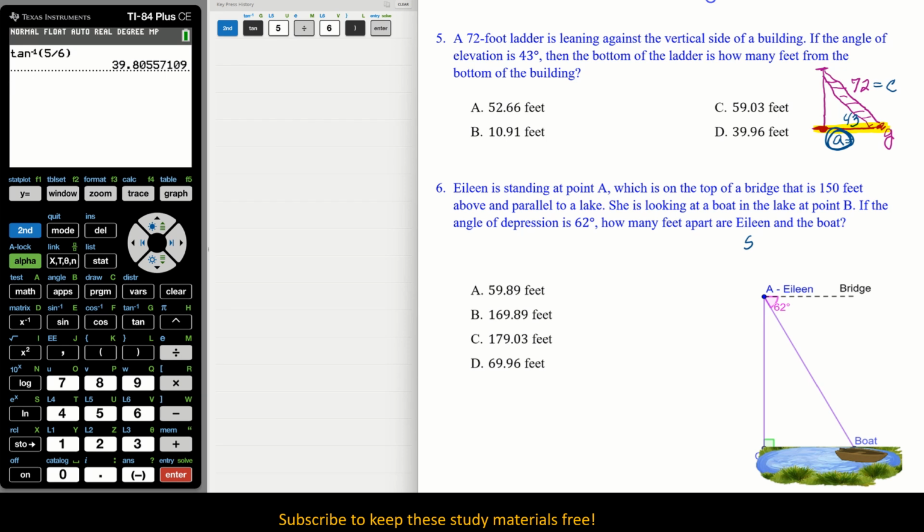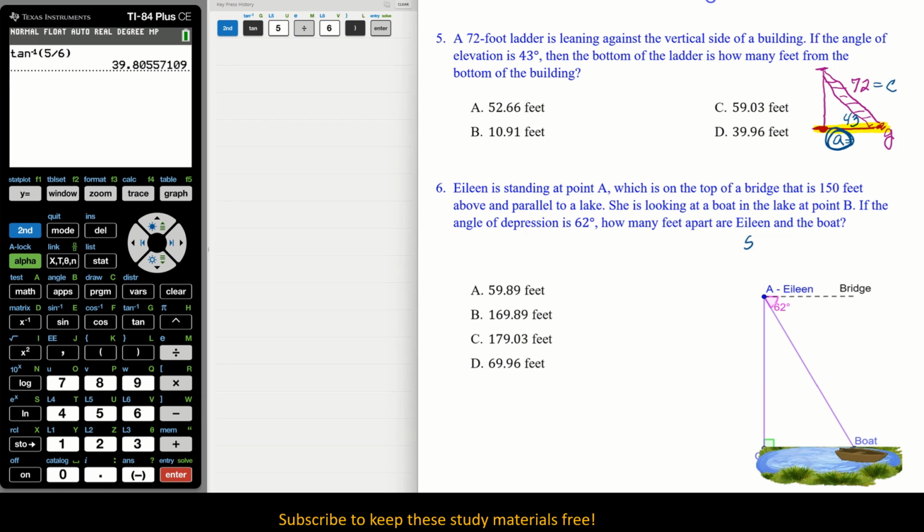Okay, so this is what we can do. We have adjacent over hypotenuse. 72 is our hypotenuse. So adjacent over hypotenuse is cosine. So we can use that actual cosine to get what we need. Okay, so let's do that.